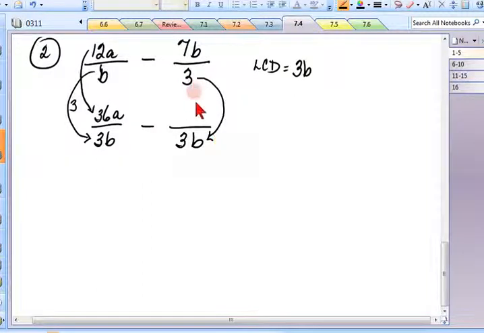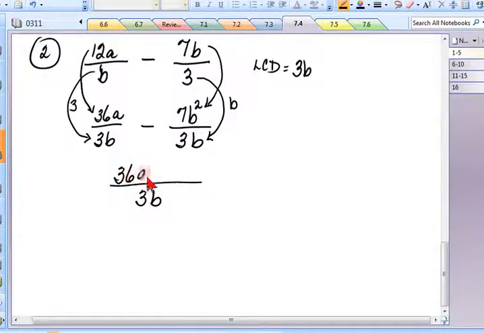What was 3 multiplied by to turn it into 3b? b. So you have to multiply the top by it, and what will you get? 7b squared. I have the same denominator, so I'll write it down one time, and I have 36a minus 7b squared.